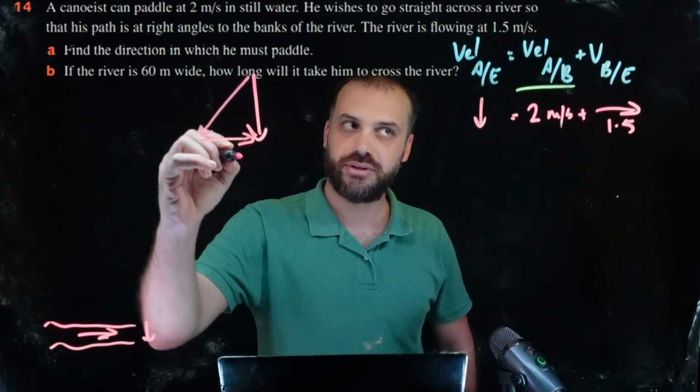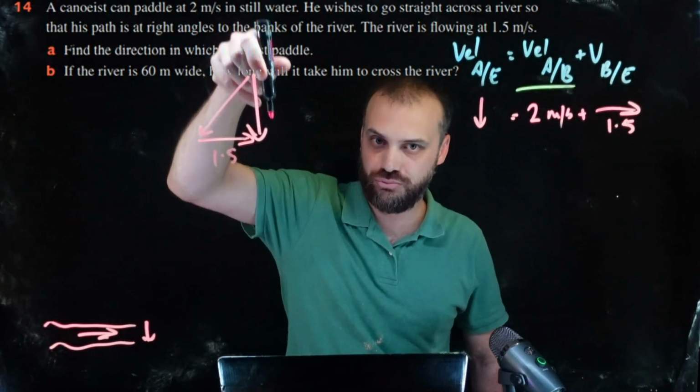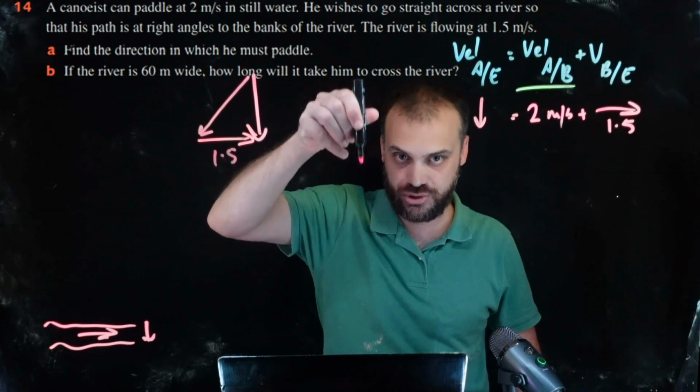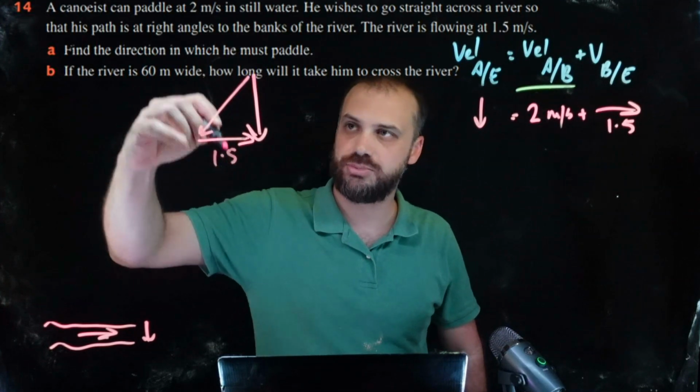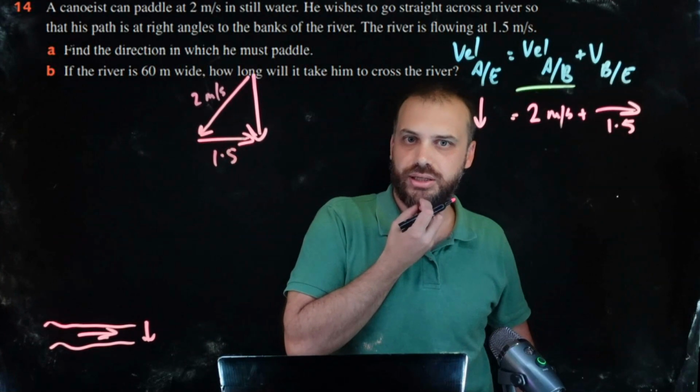So this is the river, and the river has speed of 1.5. His goal is to go directly across the river, not like that, not like that, but straight across. And he is capable of traveling at a speed of 2 meters per second.